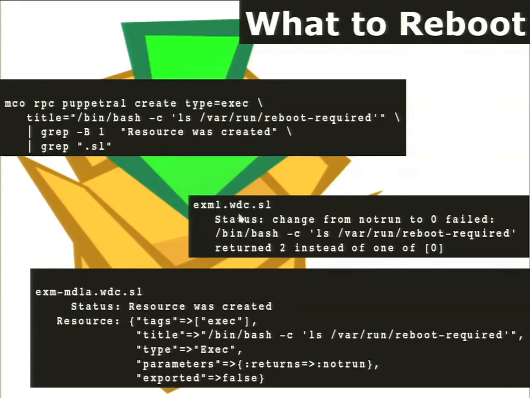For example, on this server, the file was not present. If the file is present, it will output this. So you can, in fact, script what servers you need to reboot, and you don't need to reboot all of them. So this was an example of how to use mcollective to do system upgrades and finding out stuff about your entire infrastructure at once.